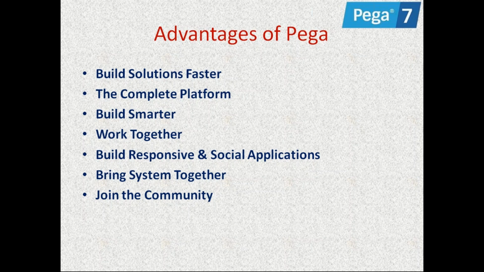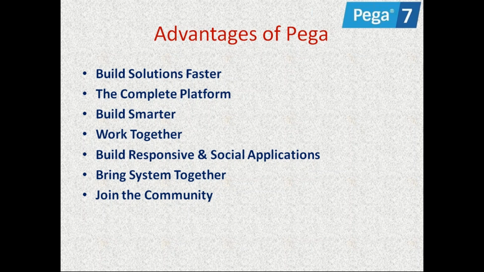So the development time will be very less, which benefits both the organization and the clients. A complete platform will be given, so there is no need to create any new additional thing. Using that platform we can work, building in a smarter way, working with different people, building responsive applications and integrating with different applications.